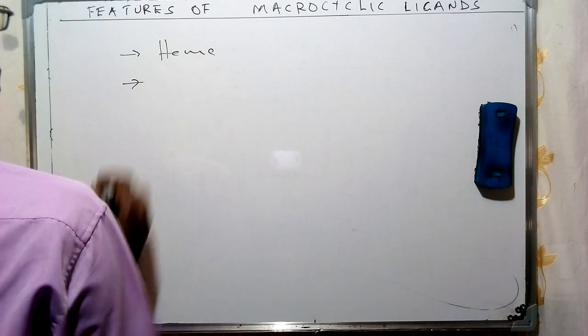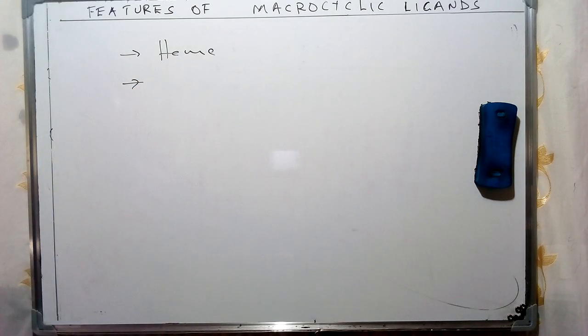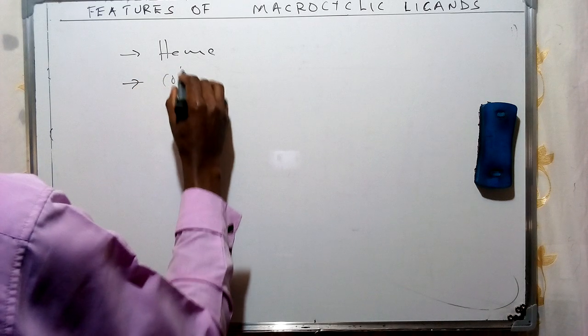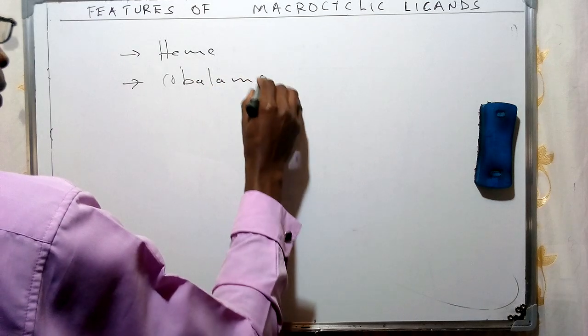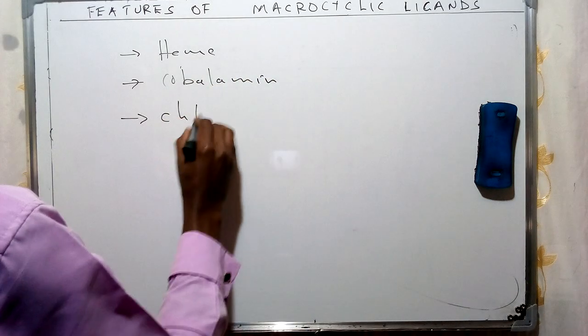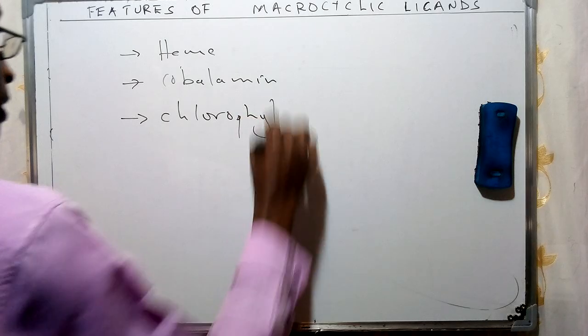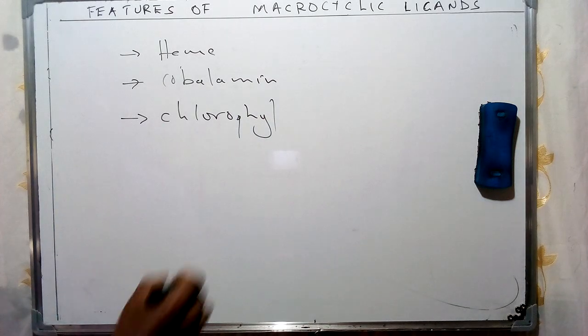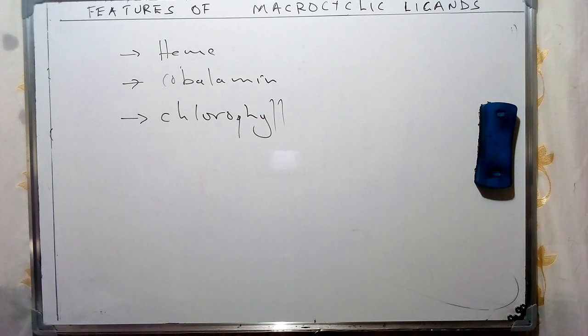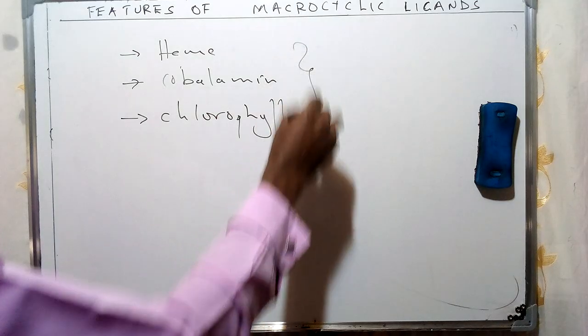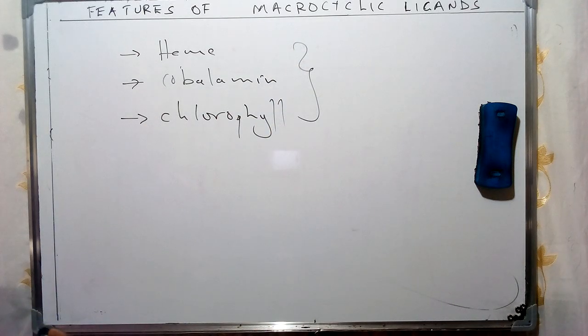Example is heme. I've talked about the example of cobalamin, and also we shall look at chlorophyll, which I've just mentioned, and perhaps other examples which we're going to come across in our various discussions. So these are some of the examples of these macrocyclic ligands.